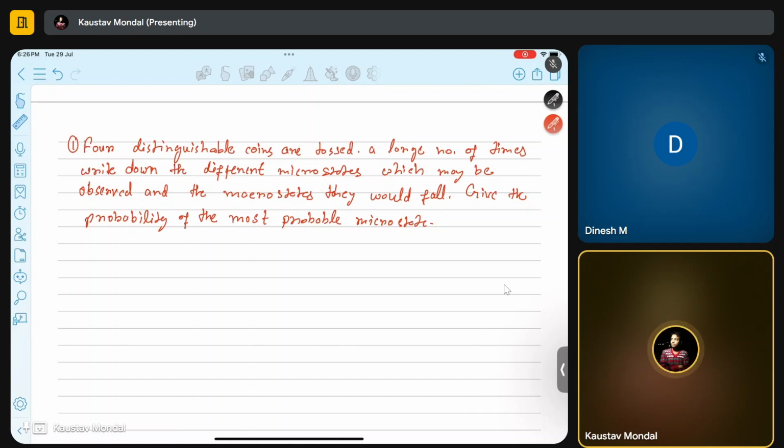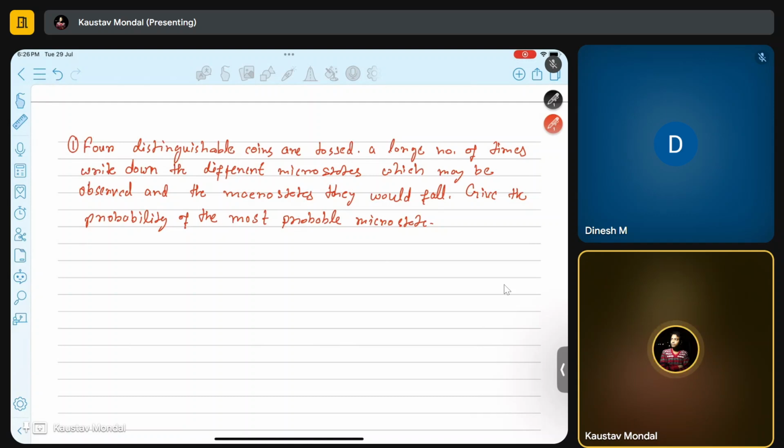A macrostate is a configuration like head head tail tail, or tail head head head. Under this macrostate, how many ways can head tail tail tail happen? That gives you the microstates that come under that macrostate.